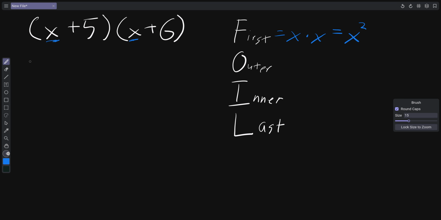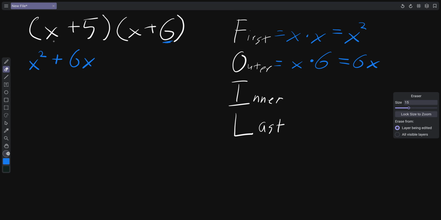So I'm going to put x squared over here. Now, for our outer terms, those will be x here and the 6 here. So that would be x times 6, which would simplify to 6x. So we write that here, and because it's positive, I'm going to be adding plus 6x over here.